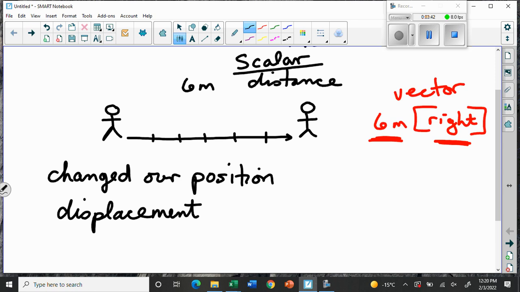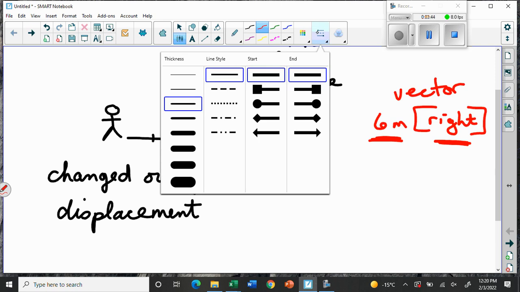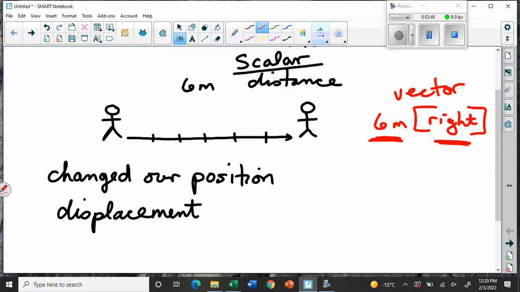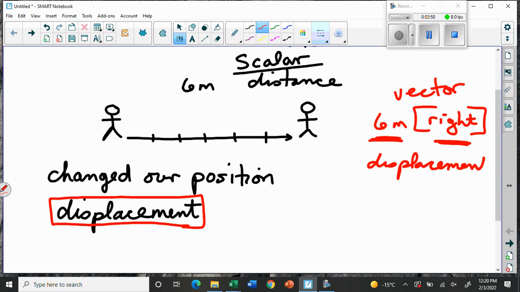And of course, we sometimes use different names for concepts when we have a vector instead of a scalar. So instead of the distance, we borrow this word over here that means to move things, and we call this the displacement. And so that's what we mean by displacement. We mean something that has been moved. And we're measuring the displacement from where you began.